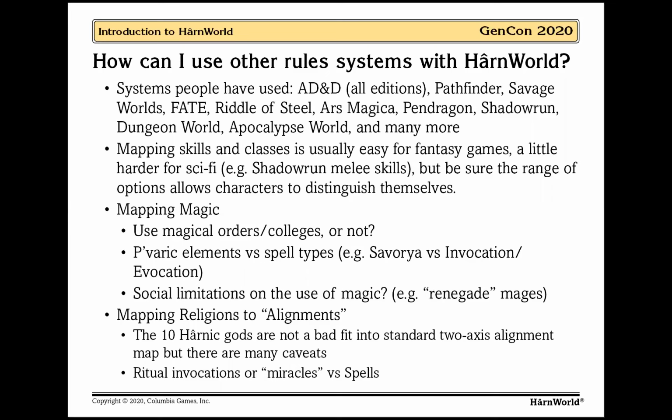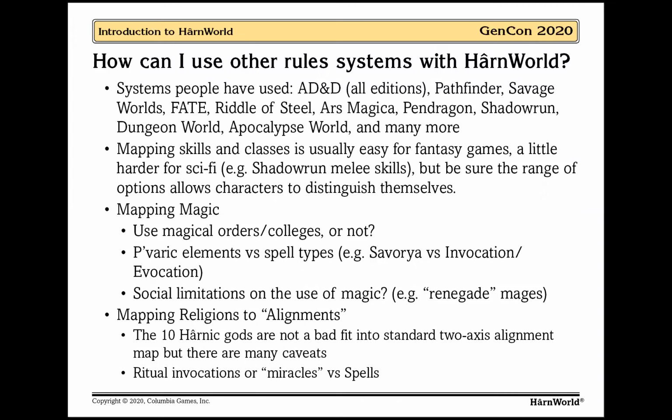Yeah, so it's important to note that the Harn setting came out before Harn Master. So, a lot of people think, well, if I'm playing Harn, I have to use Harn Master. But there were several years where there wasn't a Harn Master. And so my first game in the setting of Harn was with first edition AD&D.